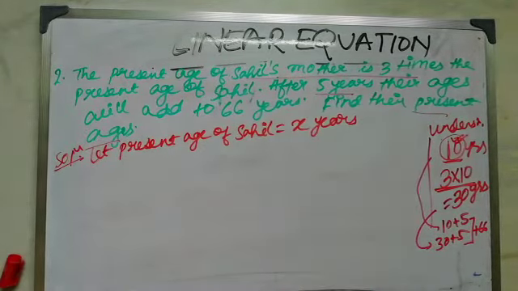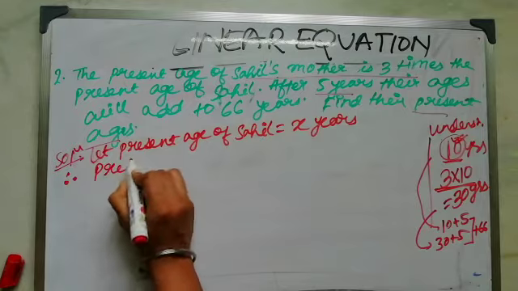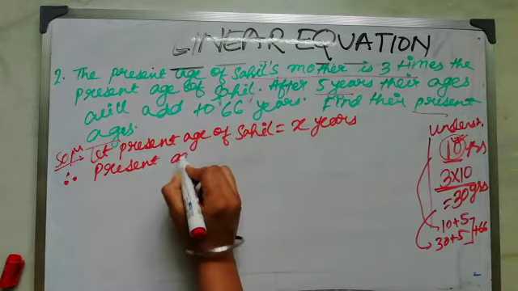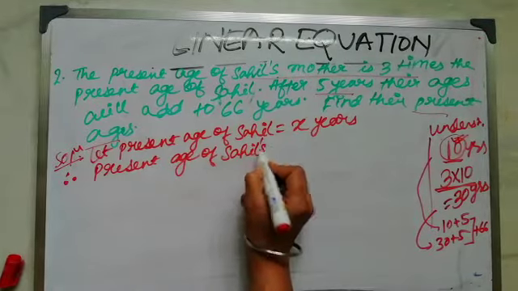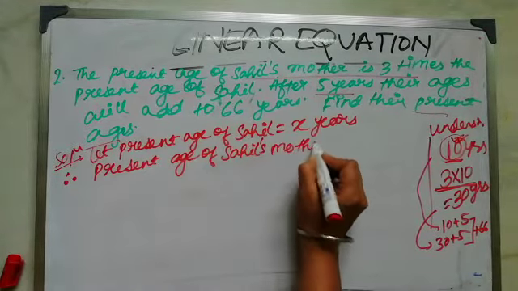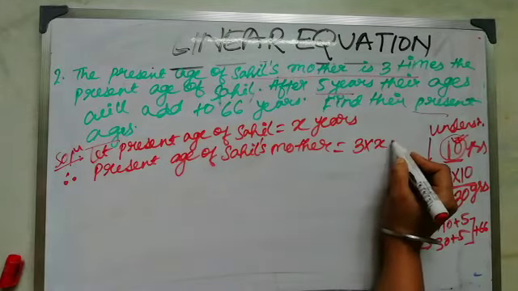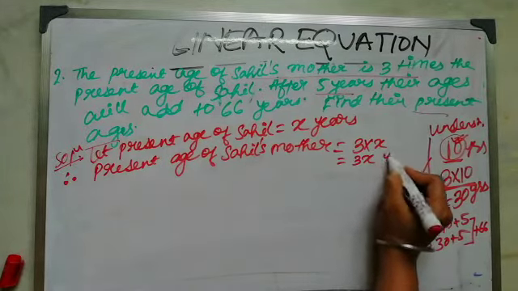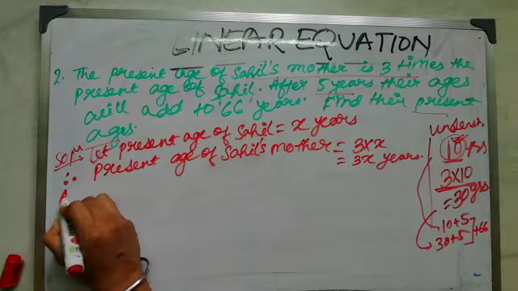Students, I am taking x, you can take any other alphabet. Fine. Therefore, the present age of Sahil's mother is 3 times his age, which is 3x years. Fine. Any problem here?